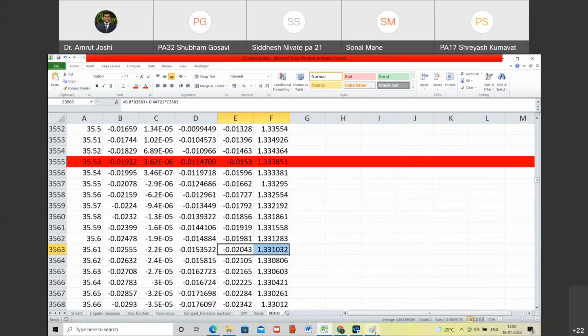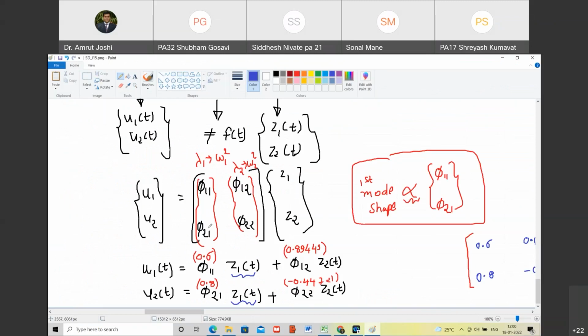And what is the ratio of these two elements of the phi matrix? It is also 1.3333. That means its deformed shape will be something similar to alpha times phi 11 and phi 21. Do you agree with me? Yes, sir. So after some time, the deformed shape is a multiple of the first eigenvector, and therefore we call that the first mode shape. Are you with me? Yes, sir.